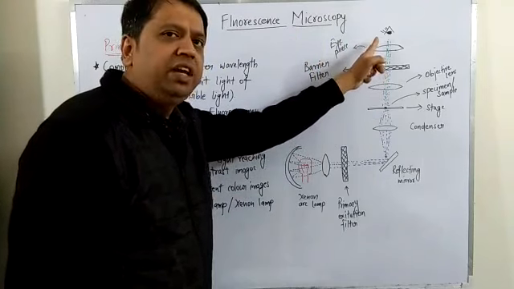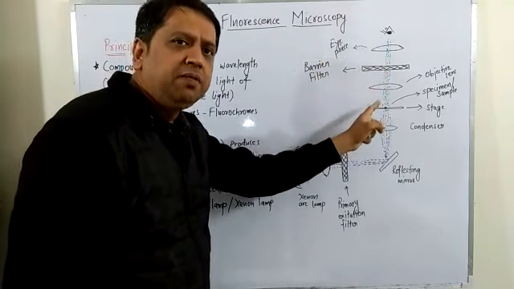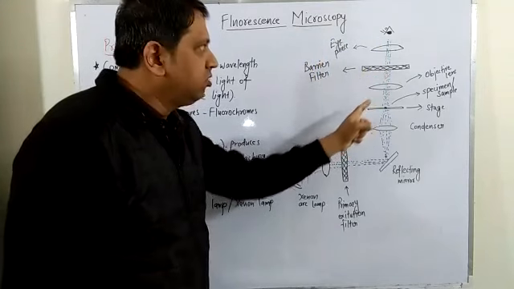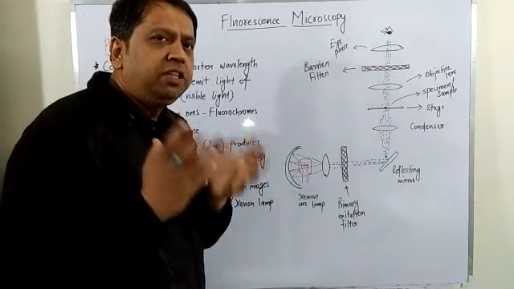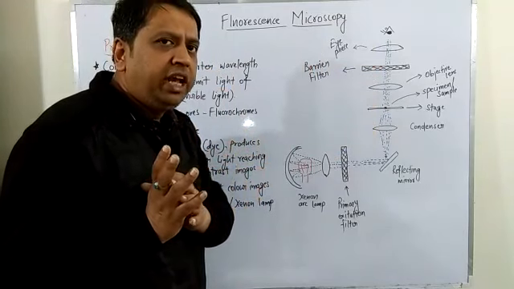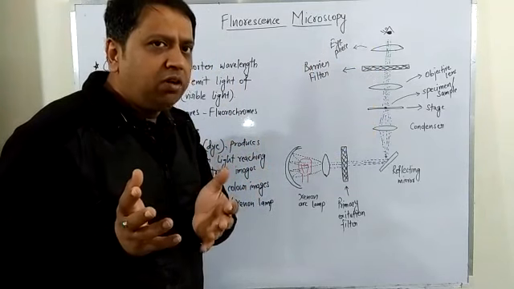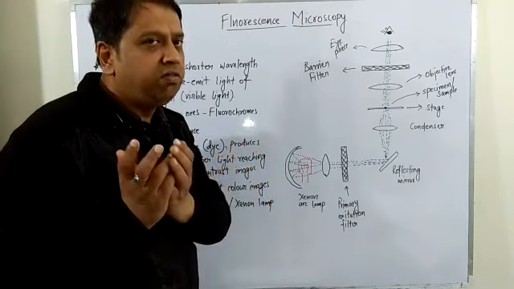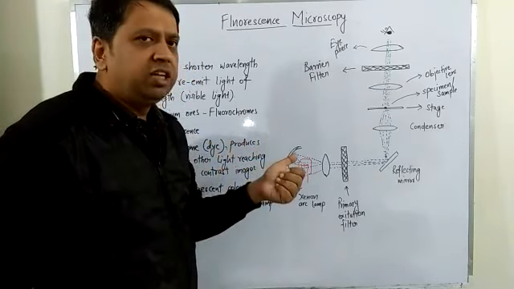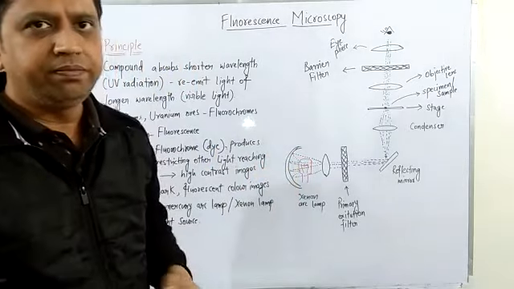And this green light is coming directly from the specimen or our sample. So how will the image look? The image will have a dark background with a highly fluorescent image of the specimen. This is the working of fluorescence microscopy.